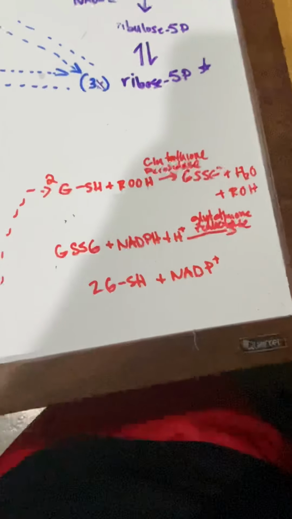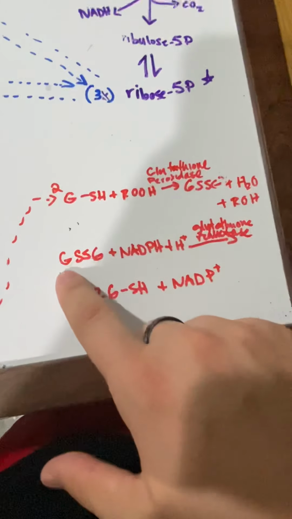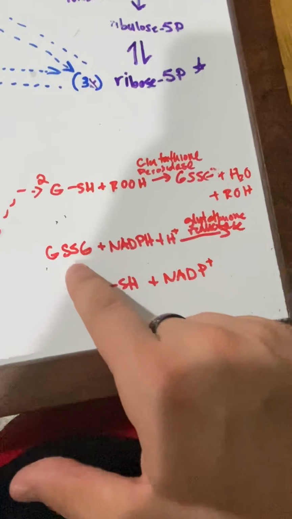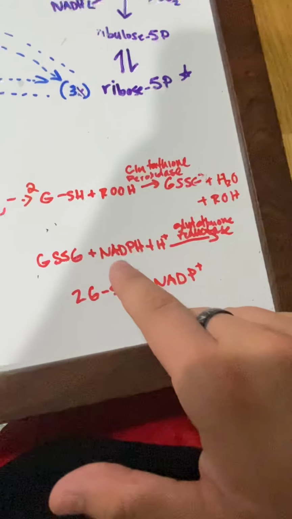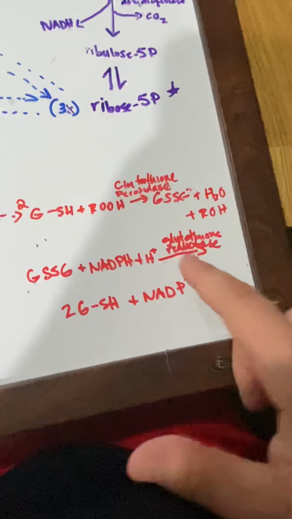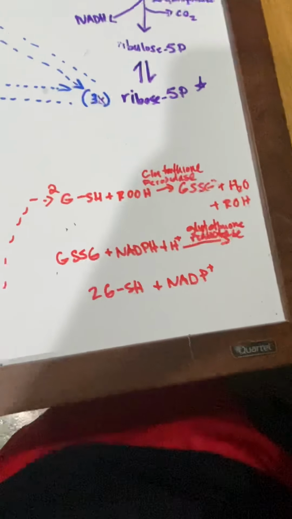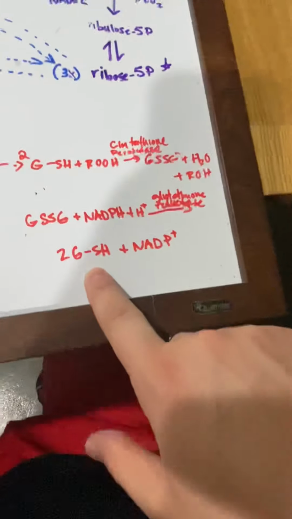On the flip side, if we wanted to get back to the GSH, or the glutathione, we use that GSSG, and we use that NADPH, which we had mentioned earlier is created during the oxidative branch. We use glutathione reductase, and that will get us back to our original reactants.